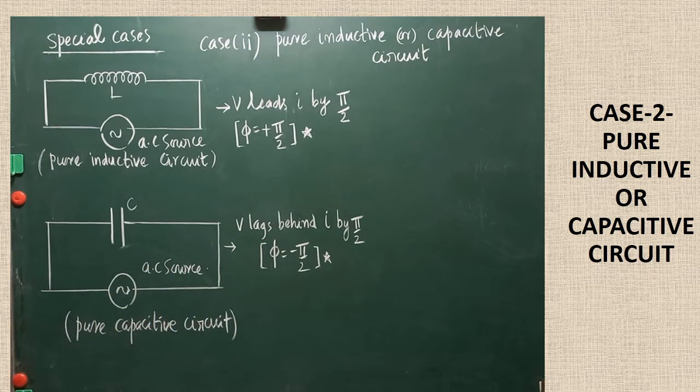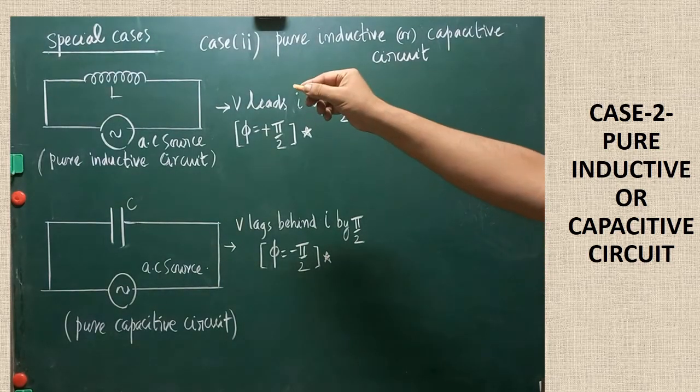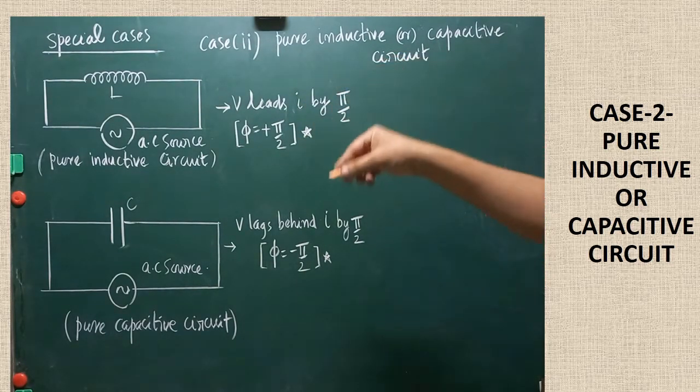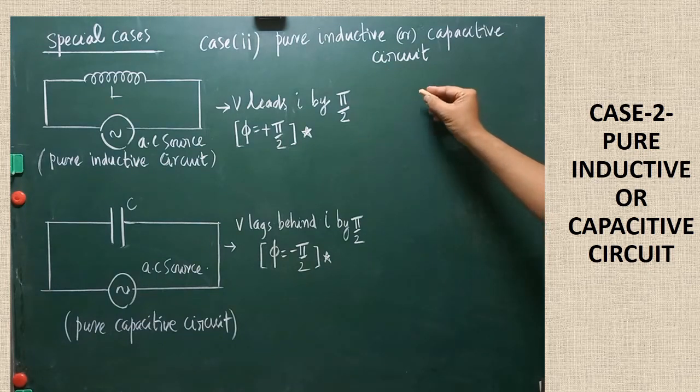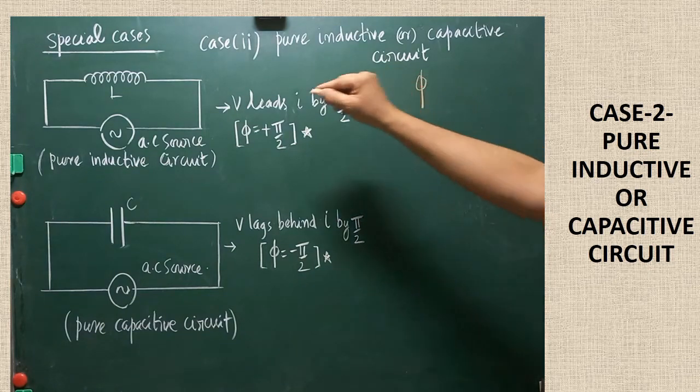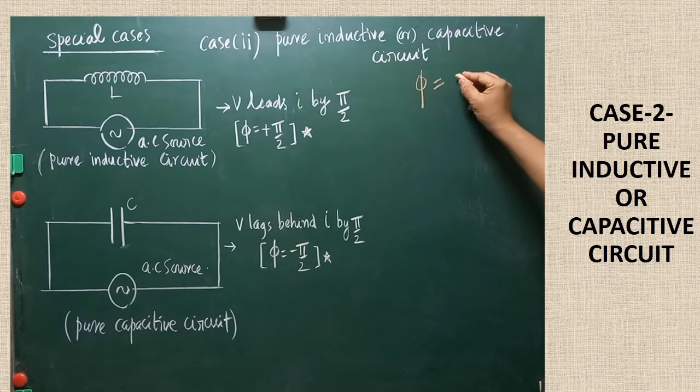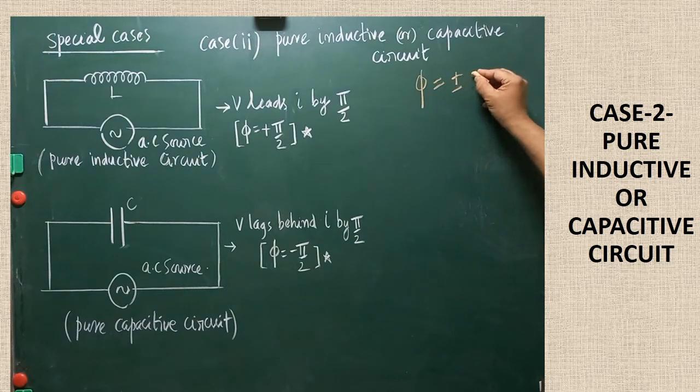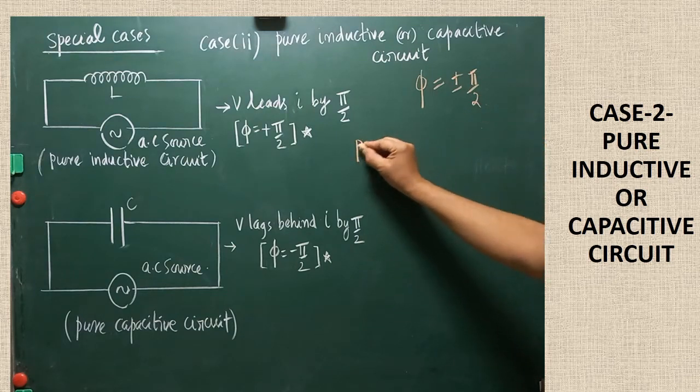Here with the help of the phi value, we are able to calculate the P average, that is, the average power in both the two circuits. So the phi value in both the two cases can be combinedly written as plus or minus pi by 2. Okay. So how to calculate the P average in both the two cases?